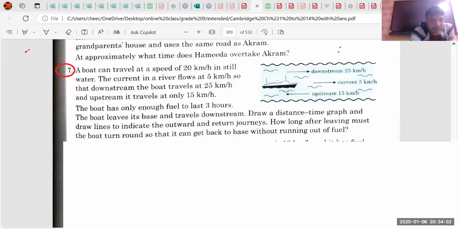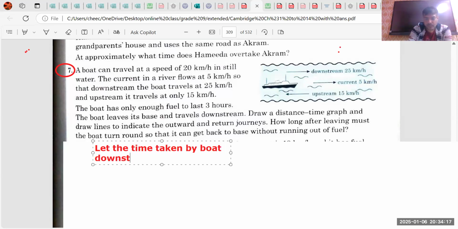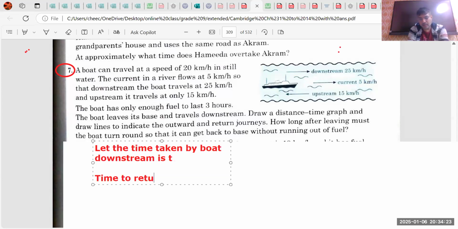So let the time taken by the boat to go downstream be t. So time to return would be 3 minus t.